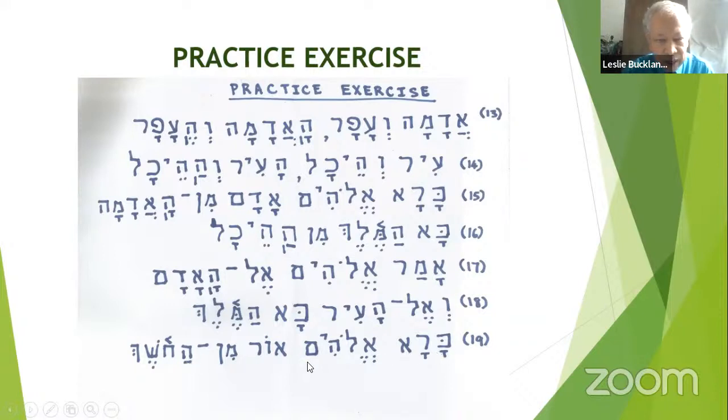Translation: God created light from the darkness.